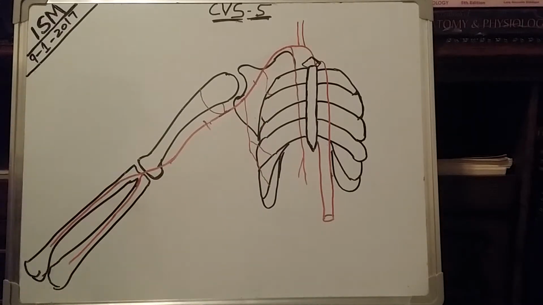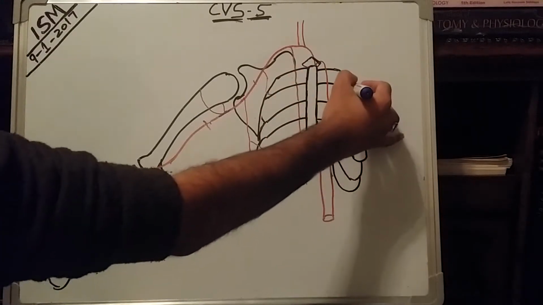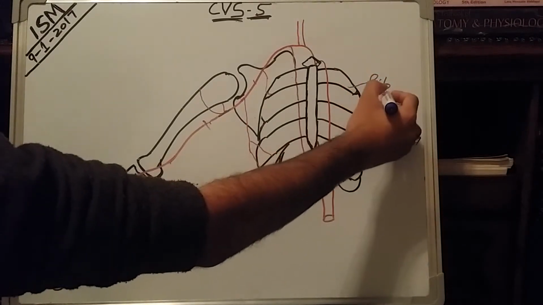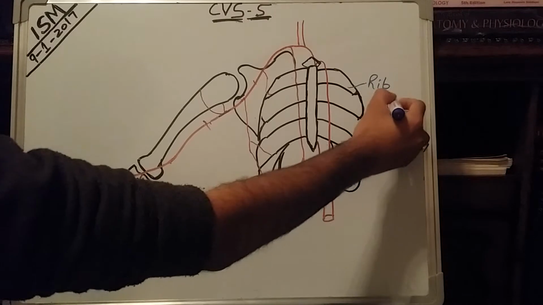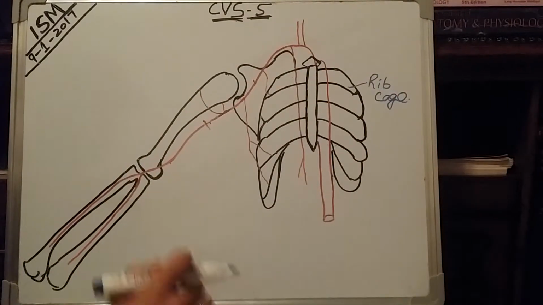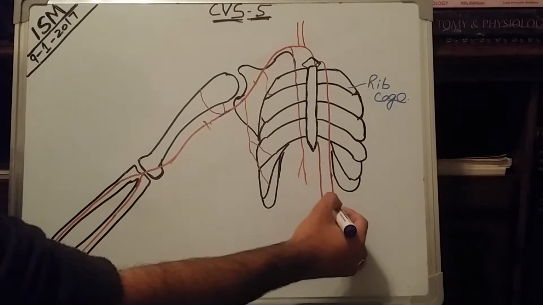This is the rib cage I made, or we may call it the thoracic cavity. After this is the descending aorta.